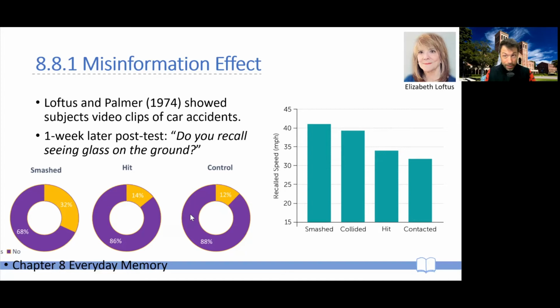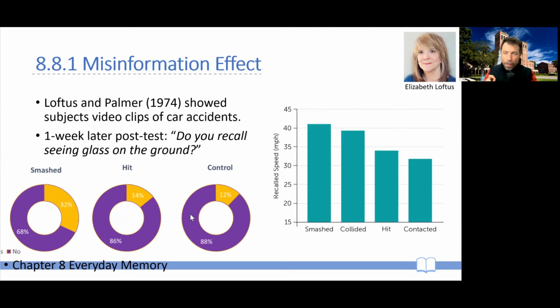Again, these 3 groups all saw the exact same video. All that changed was one tiny word in a question. So they didn't see it. They reconstructed that there was glass. And they reconstructed that there was glass because they were asked a question with one word different than everybody else. The word smashed versus hit, or versus no question.